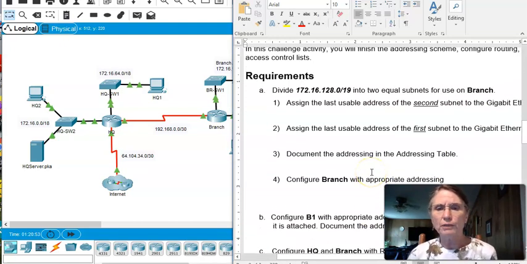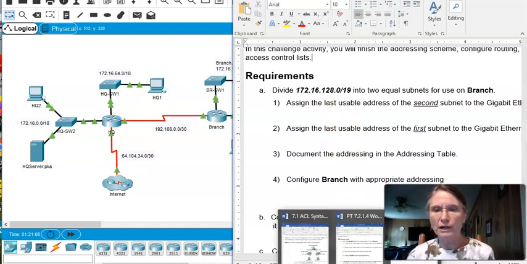So, starting at the beginning, let's divide that 172.16.128.0 address into its two equal parts for use on branch.